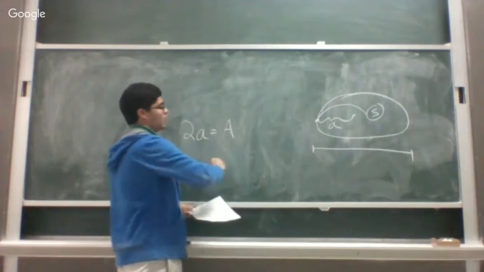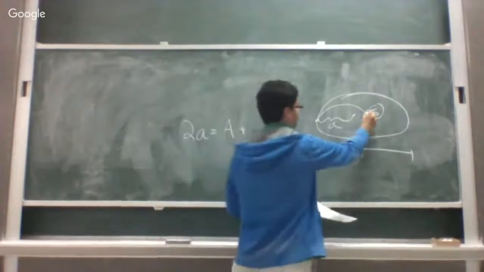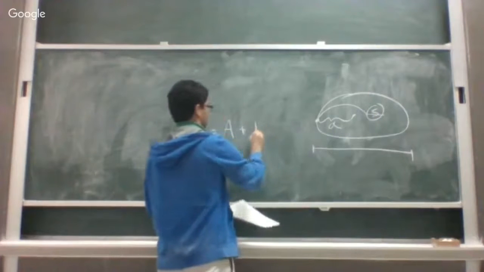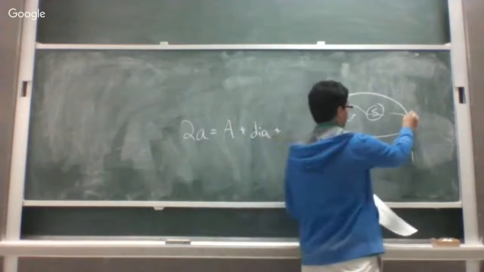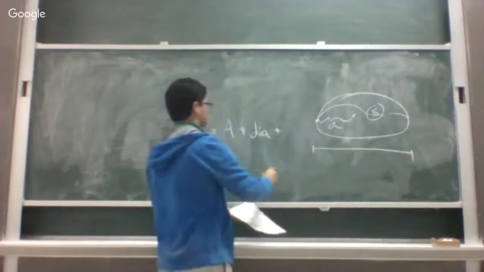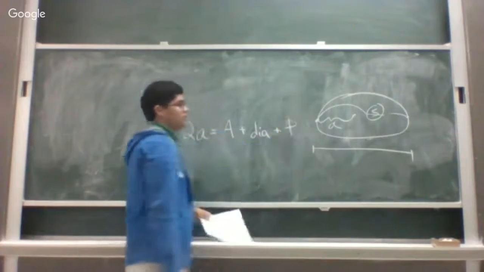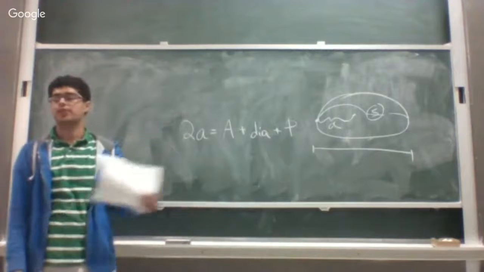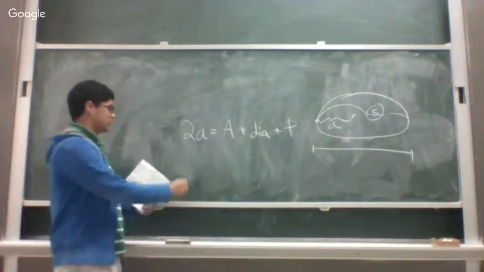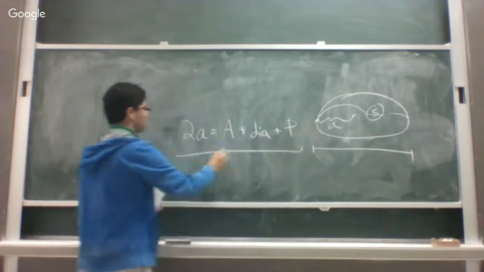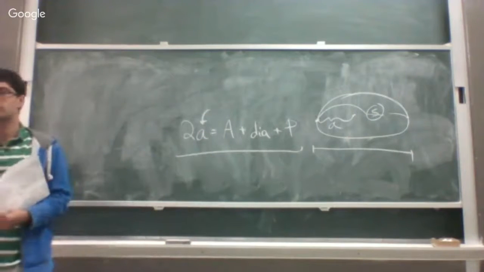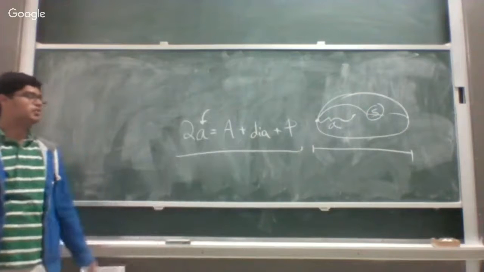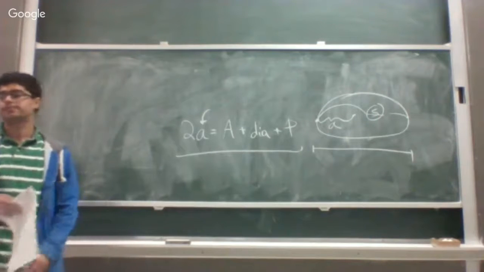We'll call that capital A, plus the diameter of the sun, plus the smallest distance to the outer end, and that was like perigee or something. You guys learned this in class. Know this formula because they might ask you to find the length of the major axis or the diameter of the sun or something like that.